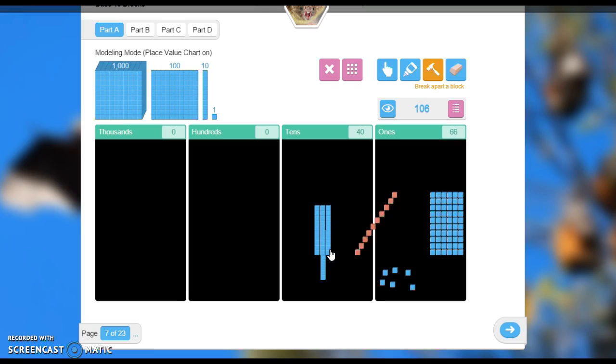And I wish when I clicked on them it scattered them more over there in the ones column, but it doesn't, so I just have to go with what it does. Okay. So now if I individually went back and counted up each one of these units, each one of these ones, I would have 116.